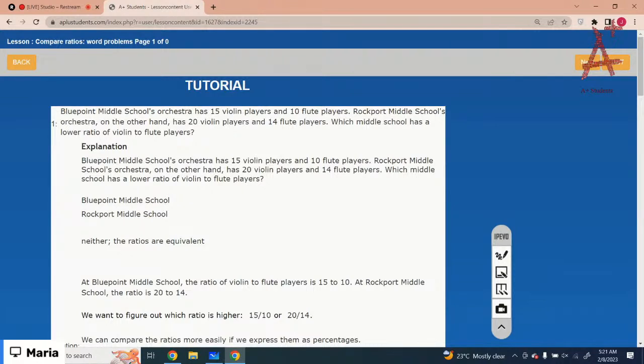So write the ratios in fractional form. It is 15 to 10, so it would be 15 over 10. And then it is 20 to 14, so it would be 20 over 14. Got it? So you need to see which ratio is lower. Got it?